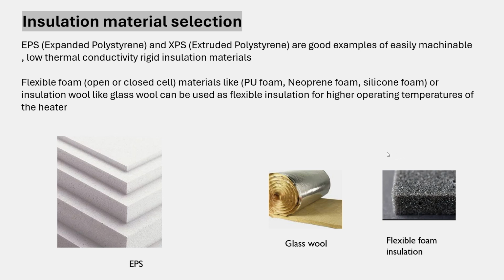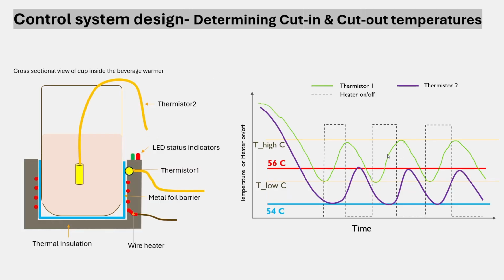Okay. All right, so that's about the dimensions, CAD, material selection, and the heater and thermistor placement. Now, one thing that almost everybody missed is how to determine your cut-in and cut-out temperatures for control.